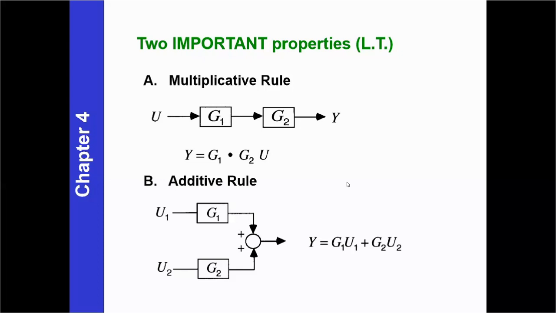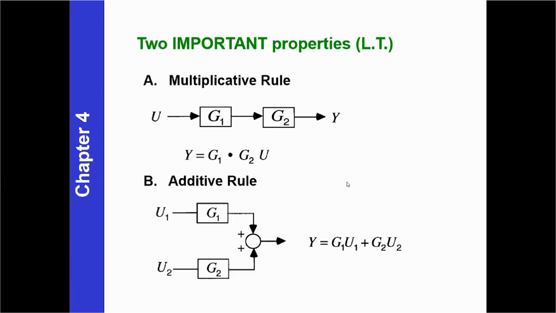In parallel, we have U1 going into the first measurement with transfer function G1, and another input U2 into the second instrument with transfer function G2, ending up with the output Y. Because they are in parallel, they become additive, so the output Y equals G1 U1 plus G2 U2. I think that is quite straightforward, right?